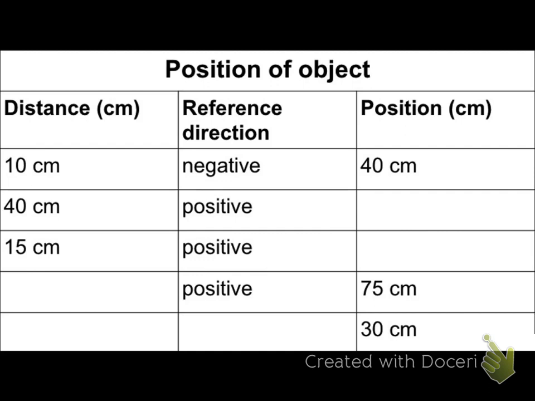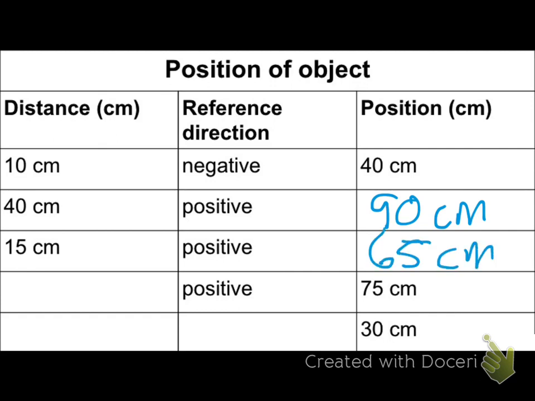So, to begin with, if I start at the 50 and I travel 40 centimeters in the positive direction, where do I end up? 90. I end up at the 90 centimeter mark, right? What if I start at the 50 and I only travel 15? 65. I end at the 65.